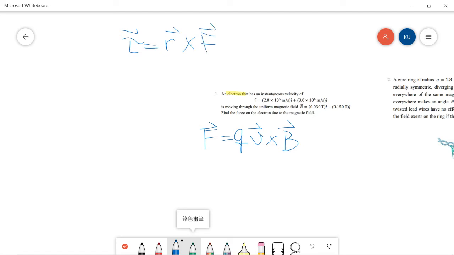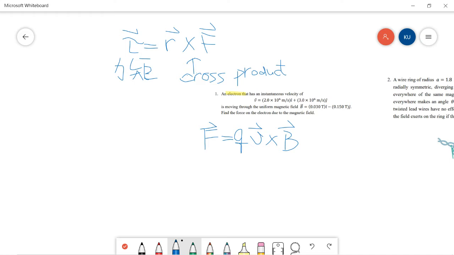So actually this is the torque. Cross product is an important operation that you need to know.